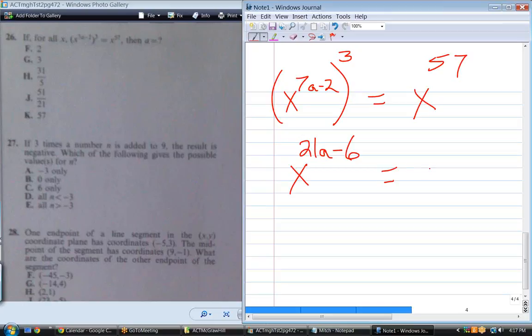Okay, now, because I have exactly the same base, anytime I have a base to one exponent equals the same base to a different exponent, what can I do? Equate the exponents. The only way that can be true is if this is true.